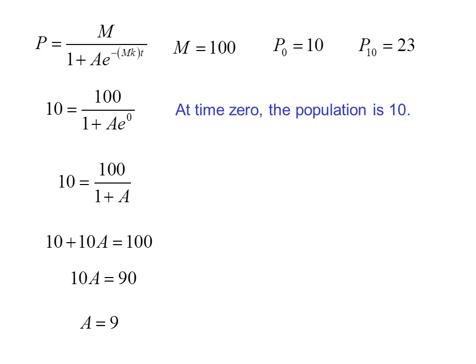A equals 9. So now we have one of the two constants we needed. And the equation becomes P equals 100 over 1 plus 9e to the negative Mkt.